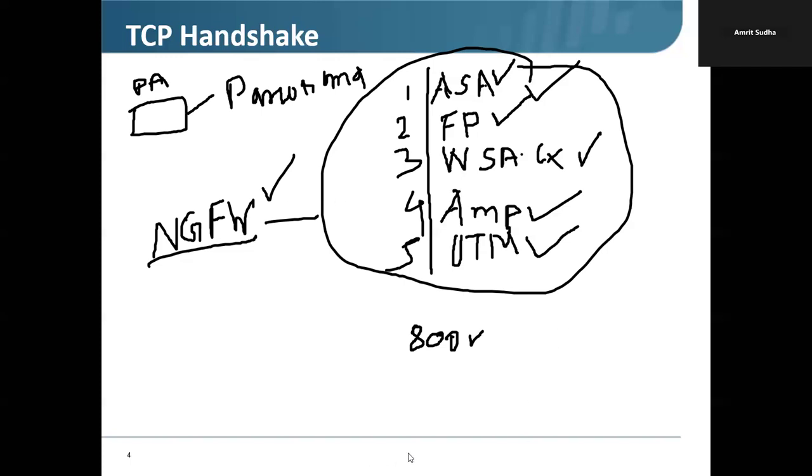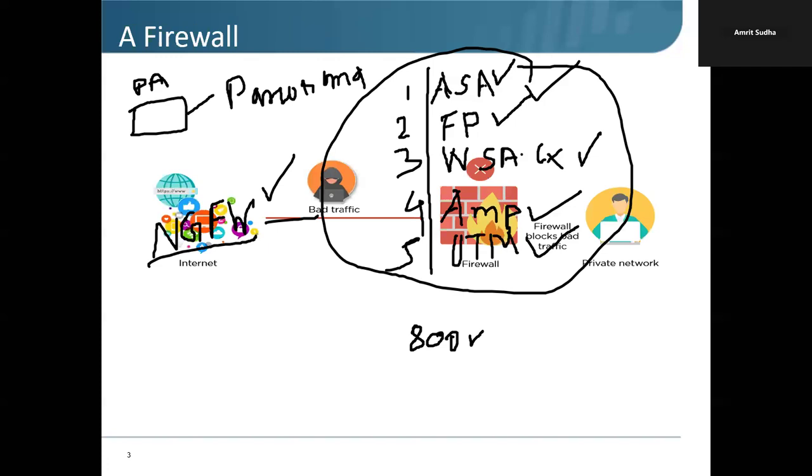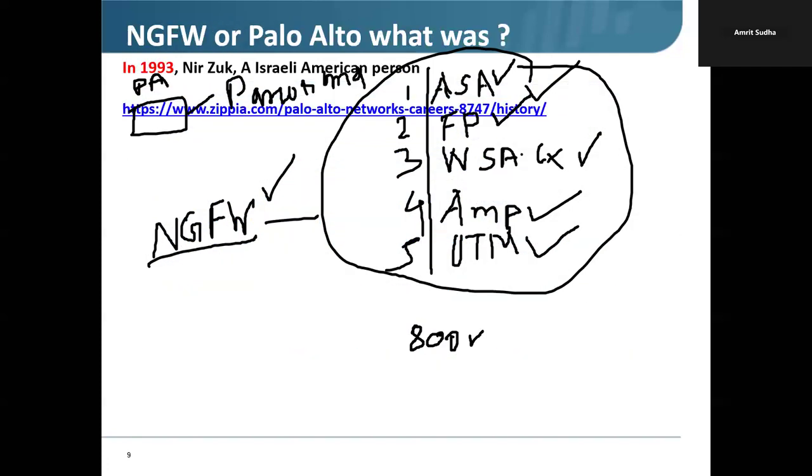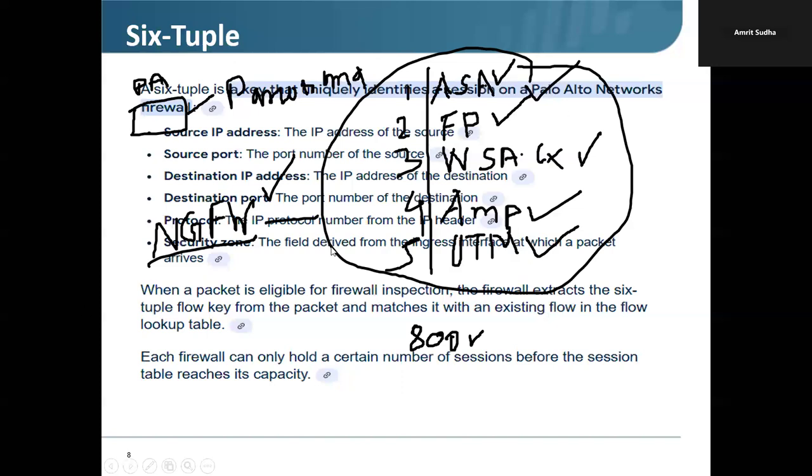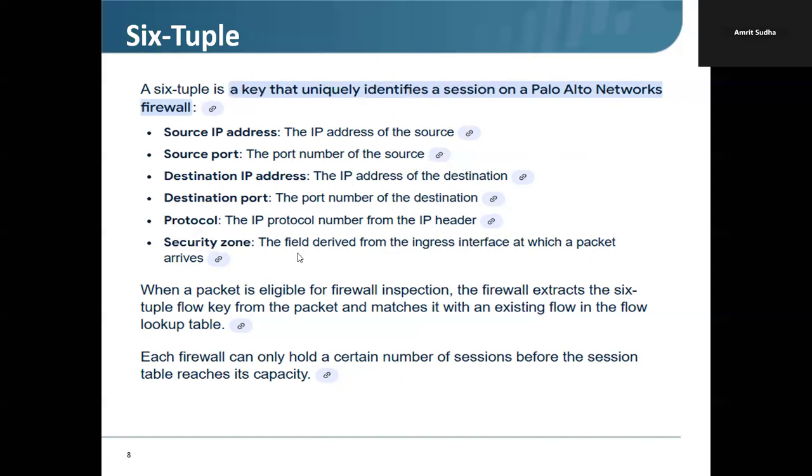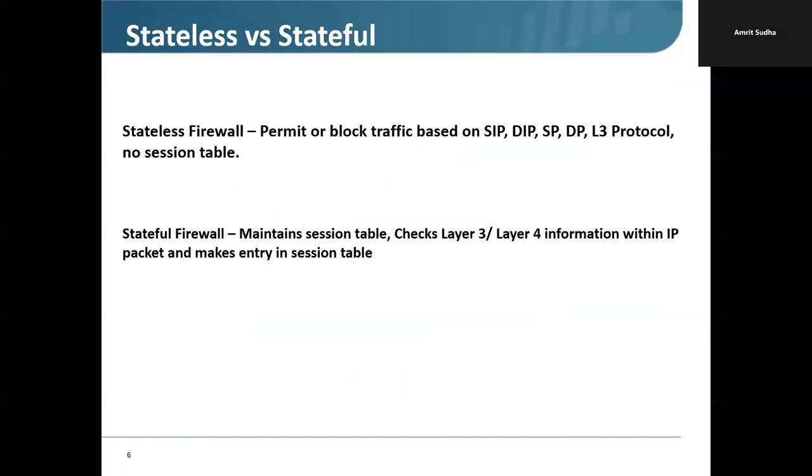So what happens in stateful inspection? It will check the layer 3 and layer 4 information within an IP packet and store that information in a separate table, referred to as the session table or the state table of the firewall.